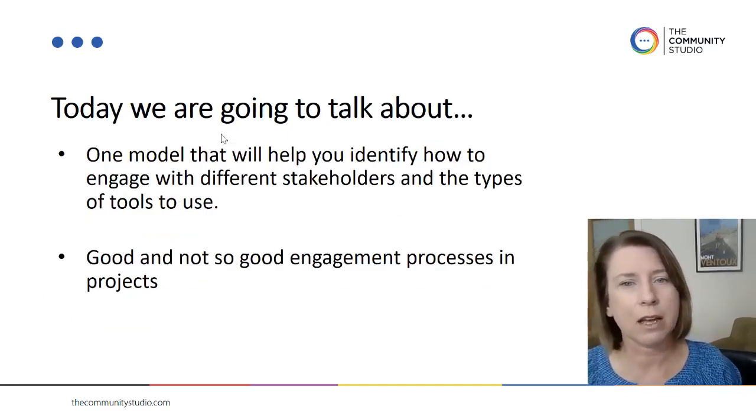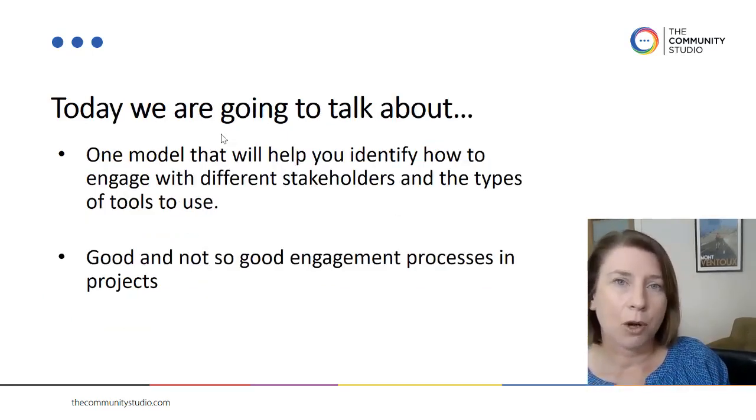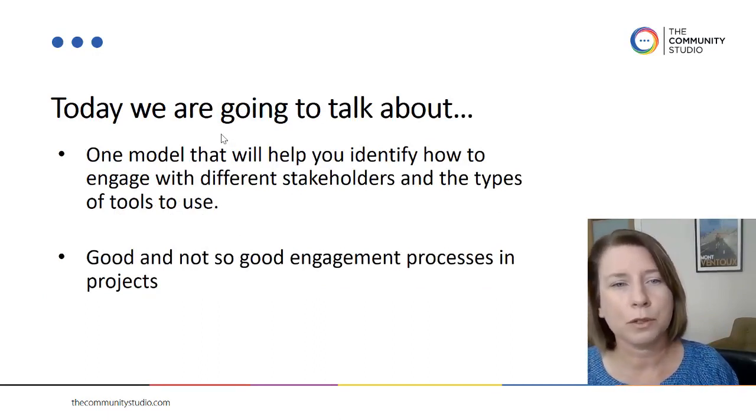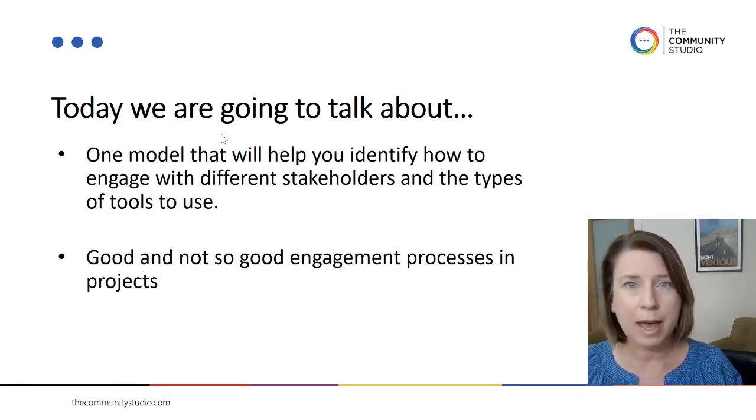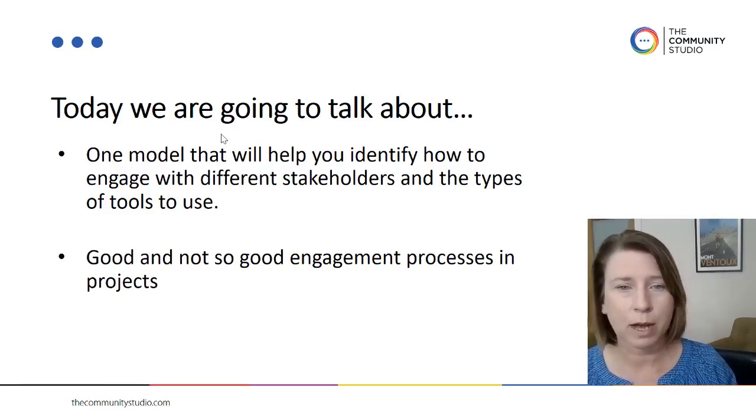Now today we are going to talk about one model that will help you identify how to engage with different stakeholders and the different tools to use. This is one model which works for all stakeholders, including your internal and your corporate stakeholders. It works to help you map out who they all are and what sort of work you need to do with all of them as well.